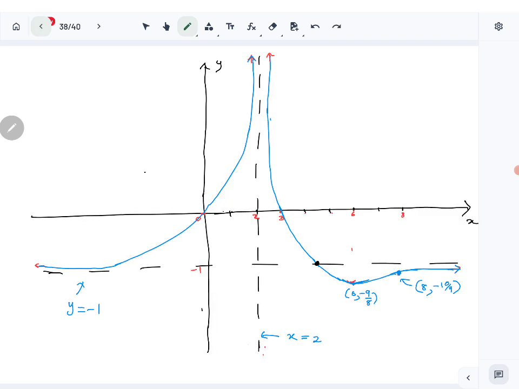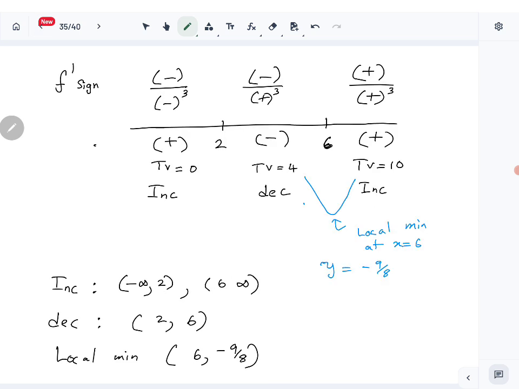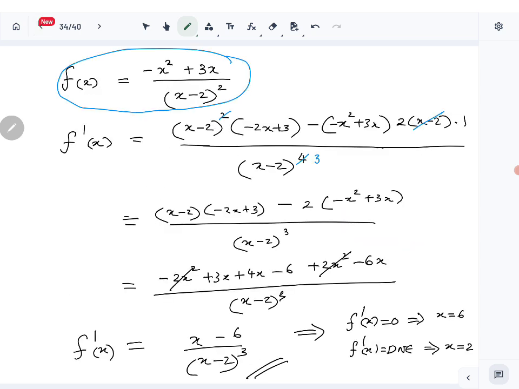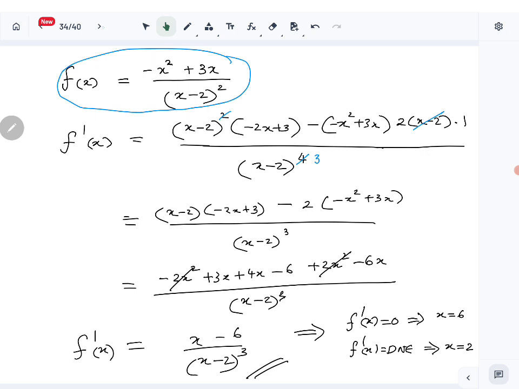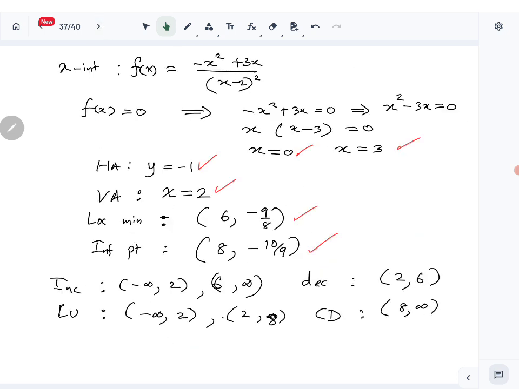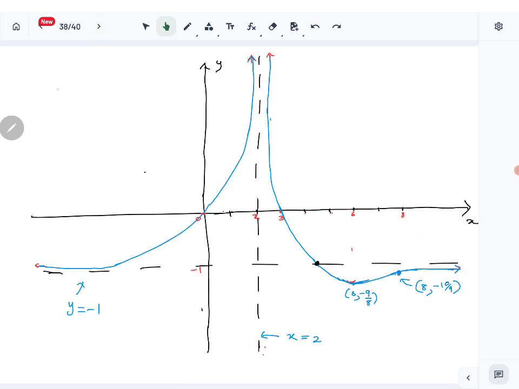Then let's look at the next part. Two different, not identical, two different solutions. So then you have to have two intersection points.